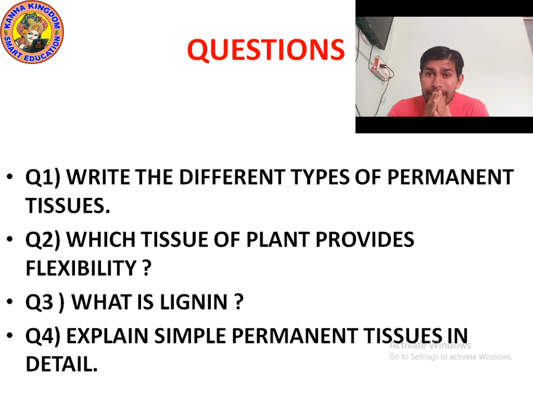And one more thing, you should open your book and practice the diagrams, they are very important. If you do not learn the diagrams, you will not get good marks, because diagrams will give you more marks.